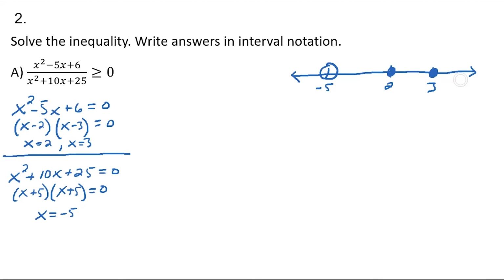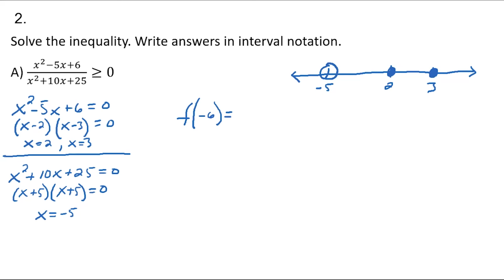So I have to determine which of these intervals are valid intervals that will make this inequality a true statement. Let's start with the first interval, negative infinity up to negative 5. I'll choose a value from that interval, let's say f of negative 6.